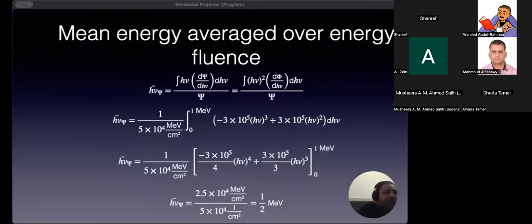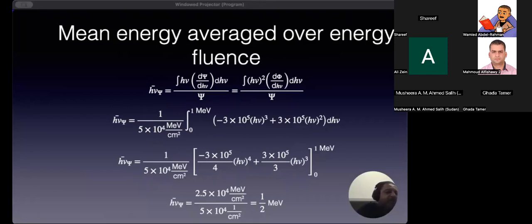Now let's calculate the mean energy, but this time using the energy fluence. We're going to average over the energy fluence to determine the mean energy. We utilize the formula, and we do the integration.